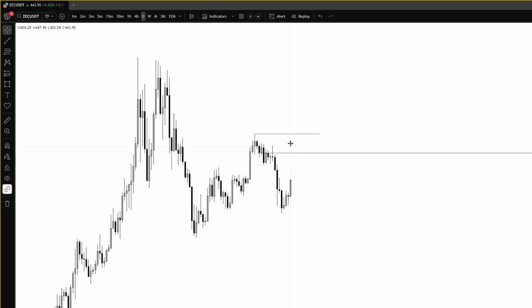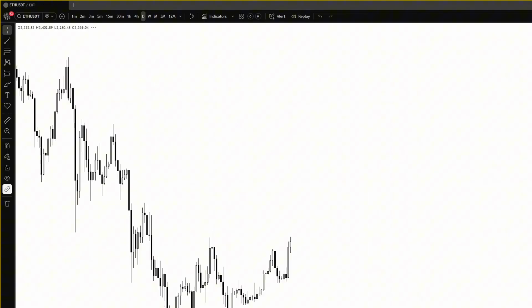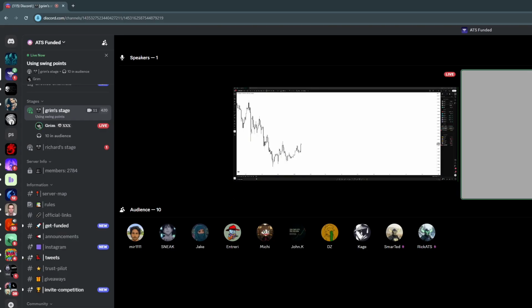Yeah, I would look to get long, but I would be probably just looking into here, which I think is also a pretty decent move. We'll leave our notes on here that way when we come back, we can see how everything's played out. But yeah, that's what I think on Zcash.